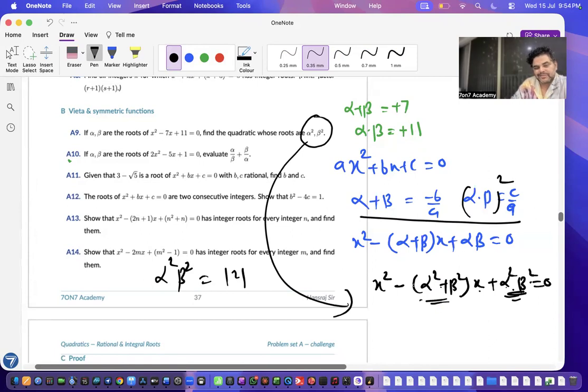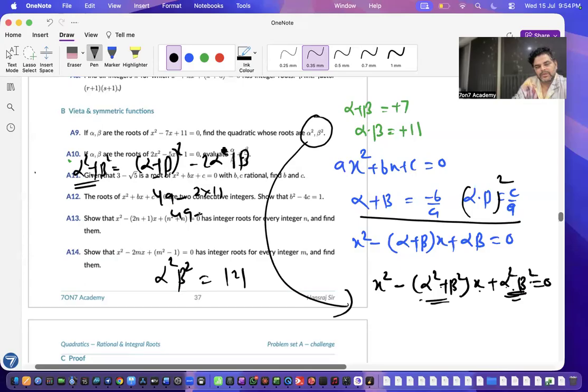This you have to extract. Alpha square plus beta square is alpha plus beta whole square minus 2 alpha into beta. Agree? Because if you add that on this side, then that is the expansion. You move that side, you need to have this as subject. Alpha plus beta is 7, 7 square is 49, minus 2 into 11.